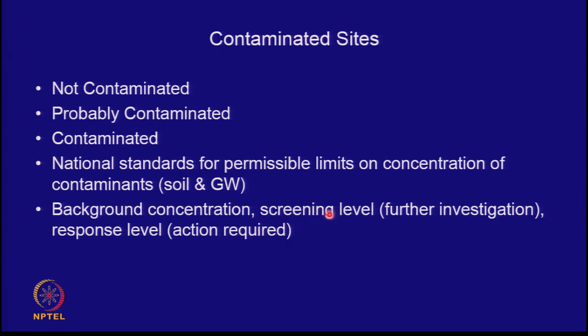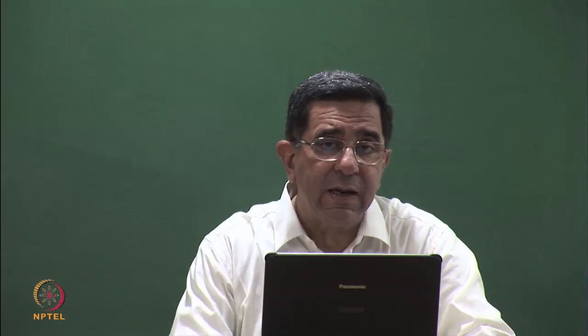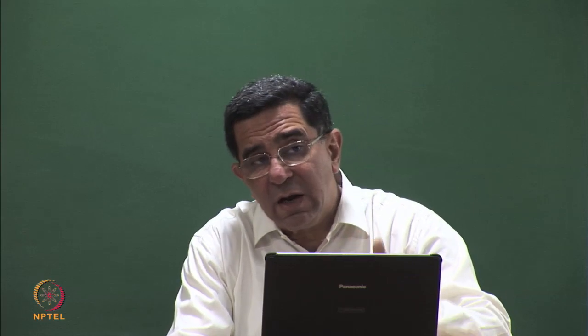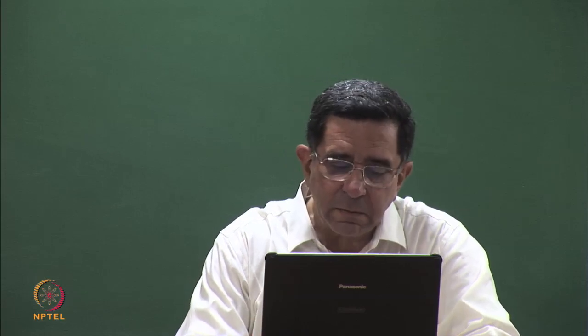And if you do detailed investigations and you get even higher values, then these are called response level. That means you have to take action to bring the contamination levels down. So you have a background concentration, a screening level, and a response level. So in a country standard, you may have 2 levels reported to you: screening and response.